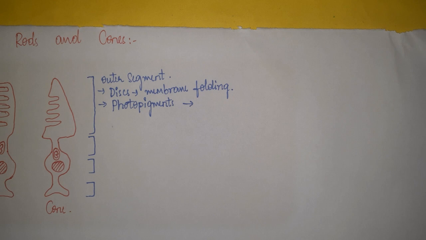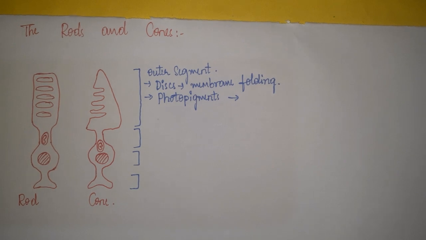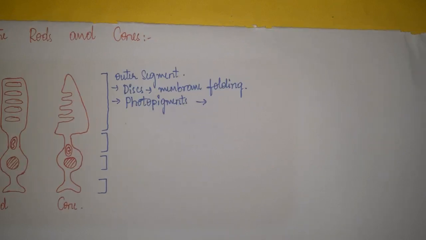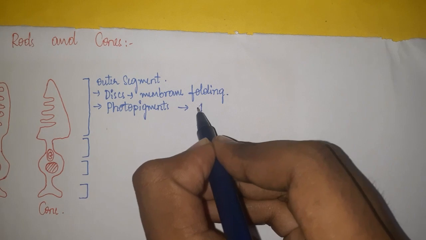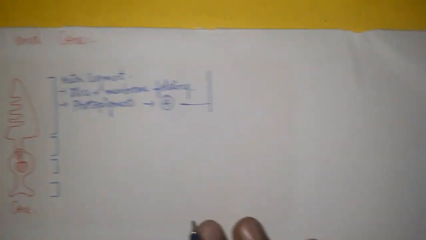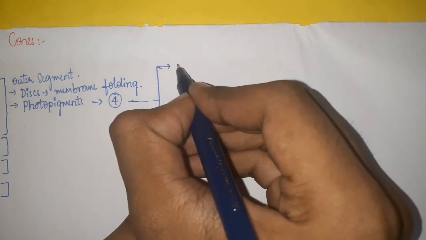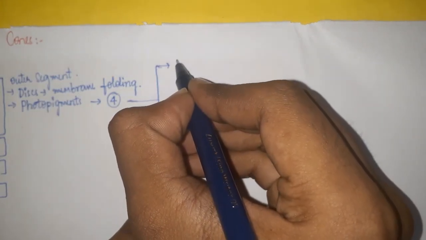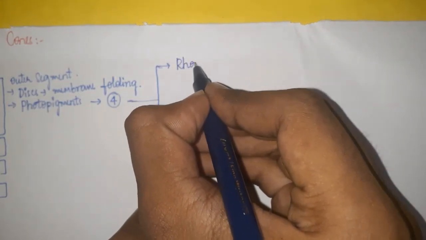There are in total four light sensitive photopigments. One is present in rods and three are present in cones. Four in number. The one present in rods is called rhodopsin.